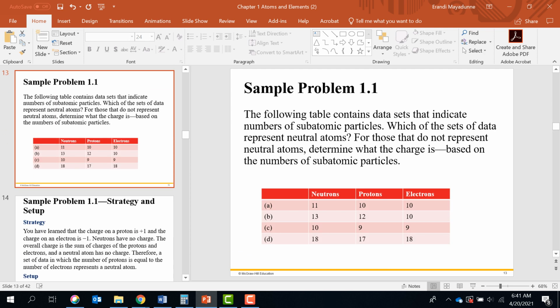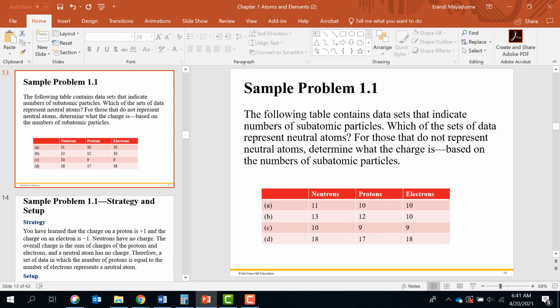And then this is the example. They ask, can you identify the neutral atom? How do you identify the neutral atom? Look at the first one. In order to be neutral, it has the same number of protons and electrons. If you have the same number of protons and electrons, it is neutral, because protons are positively charged and electrons are negatively charged.